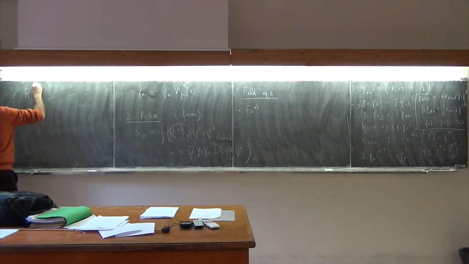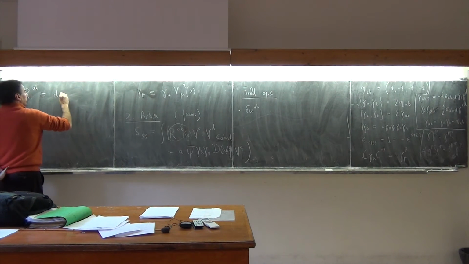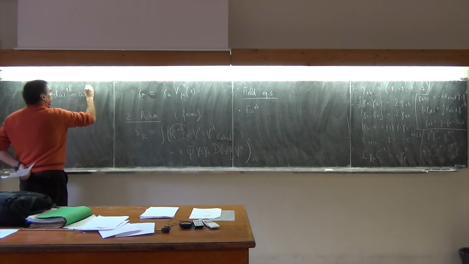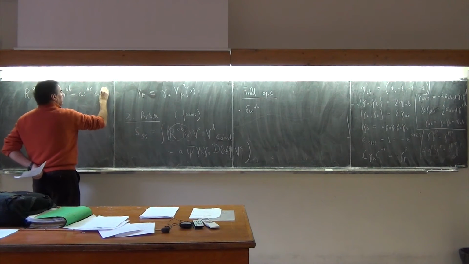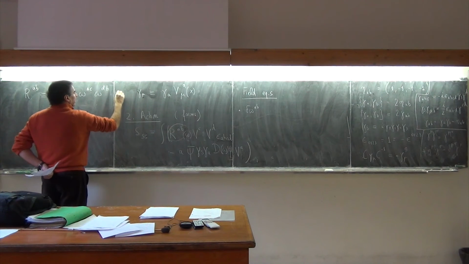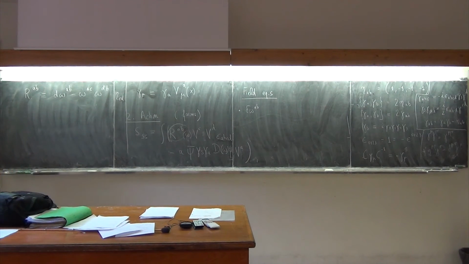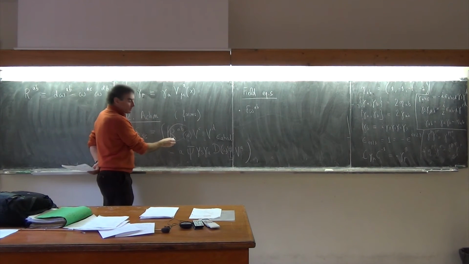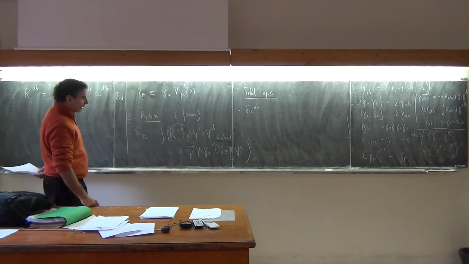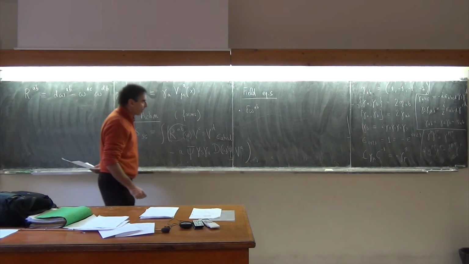R^{AB} is defined to be the exterior derivative of the spin connection minus omega^A_C omega^{CB}, with eta_{CD}. Okay? This is the definition of this field. It's the curvature two-form. Now I hope everything has been defined.